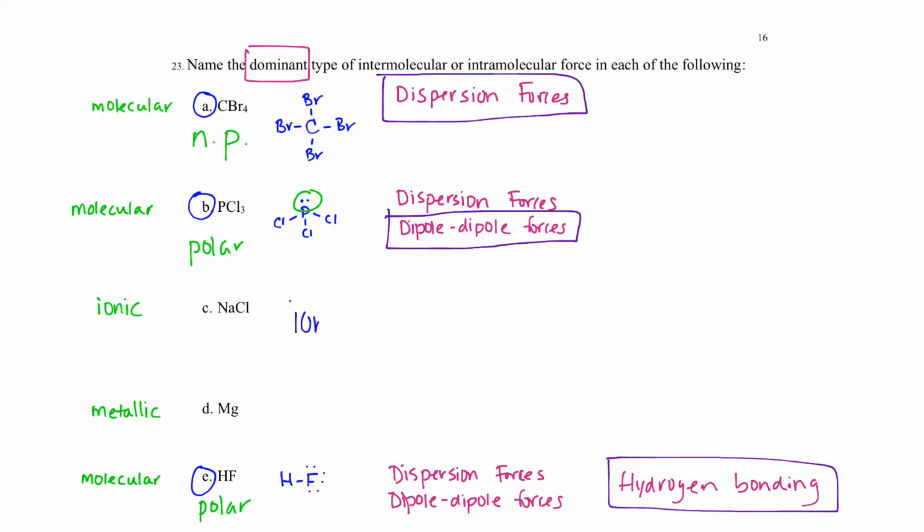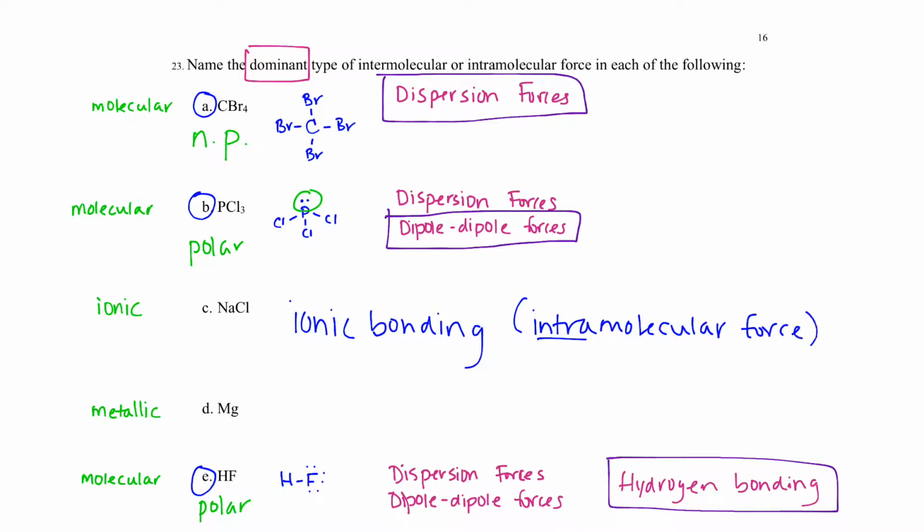So the dominant intramolecular force in NaCl would be ionic bonding, which again is an intra rather than intermolecular force. And then D is a metallic solid, so the dominant force here would be metallic bonding because it's a metal, which again would be an intramolecular force.